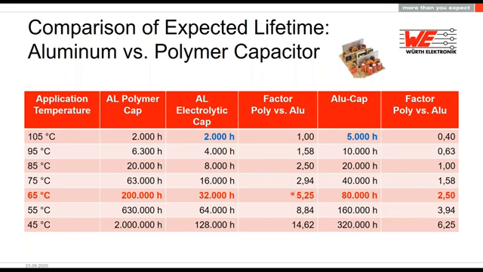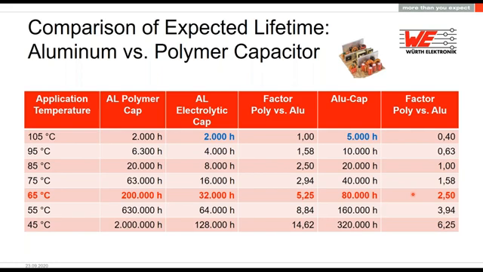So this is a factor of around 5 times higher with the polymer capacitor. And one possibility is, of course, you can increase the initial endurance. We can increase it for alu caps to 5,000 hours, and then we have 8,000 hours at 65 degrees. So it's just a 2.5 factor. But of course, we still have our 200,000 hours.